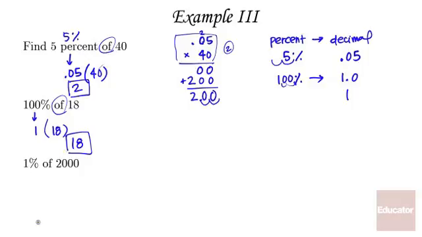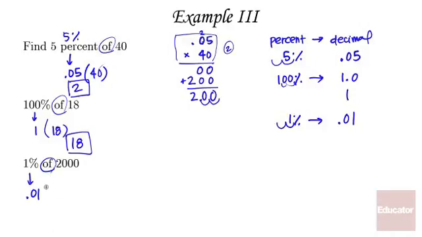1% of 2,000. So into a decimal, start here, you're going to go 1, 2, the decimal point, and you're going to fill it in with the 0 and 0.01. So 1% in decimal is 0.01. Be careful that you don't just make it 0.1.